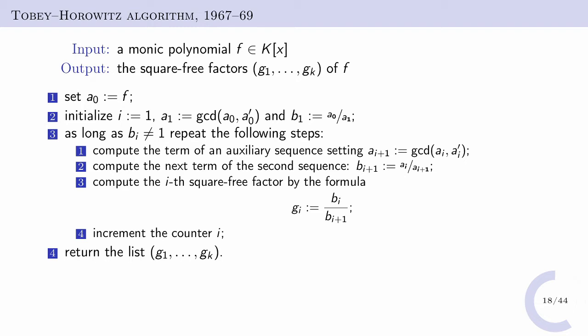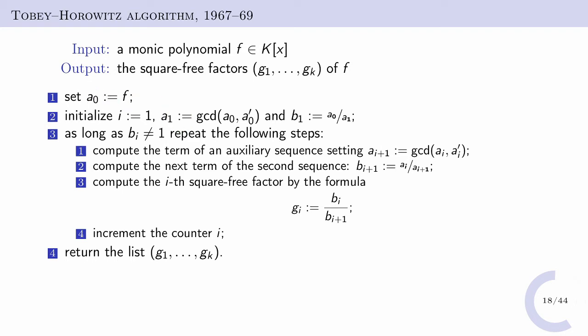We define all these three sequences. We start with a0 equal f. a1 is the greatest common divisor of a0 and a0 prime, and b1 is the quotient of a0 over a1.